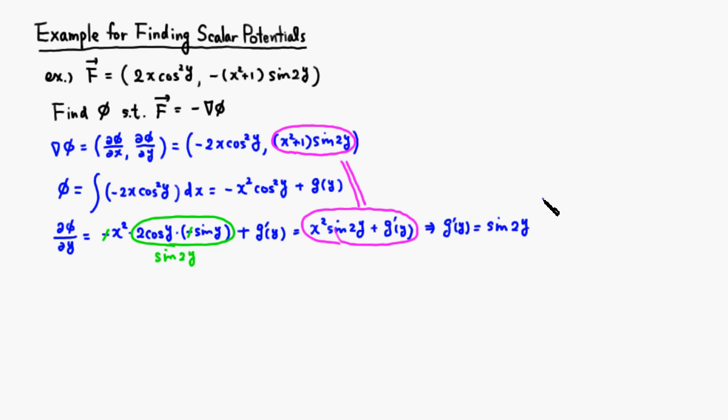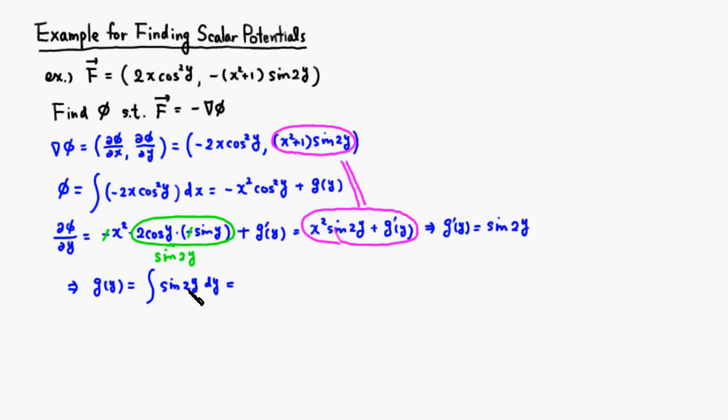Alright, so then we can find g of y by taking the antiderivative of that. So you take the antiderivative of sine of 2y with respect to y. Right?